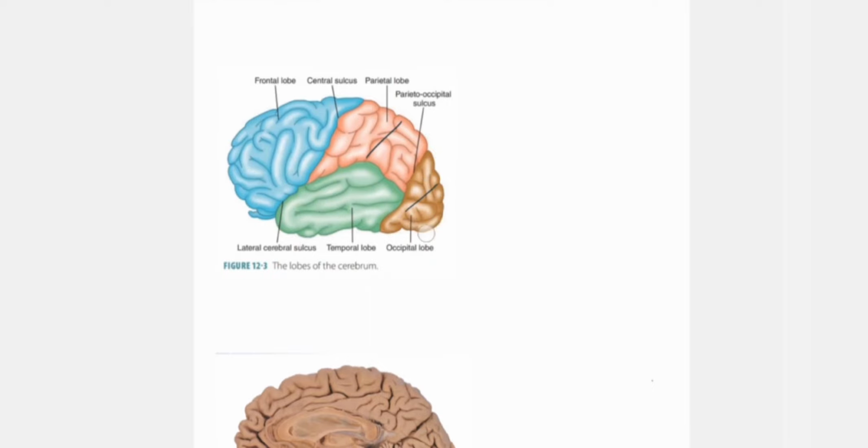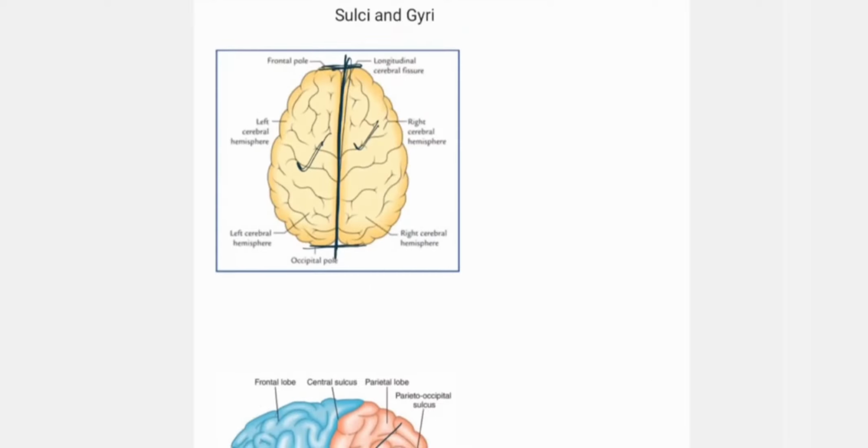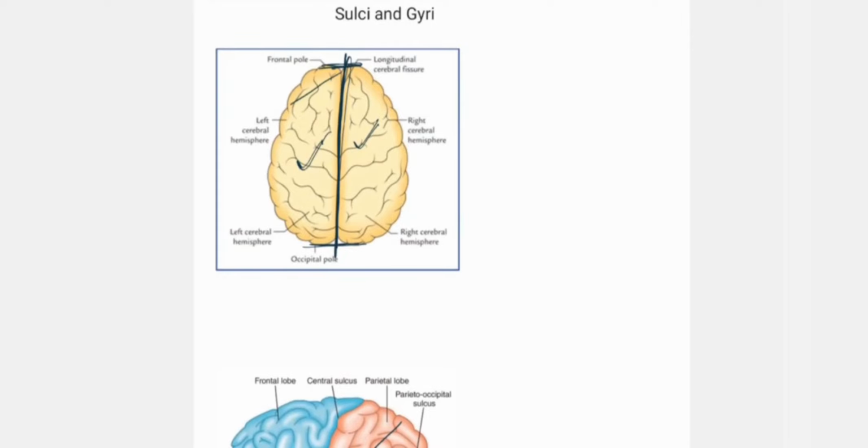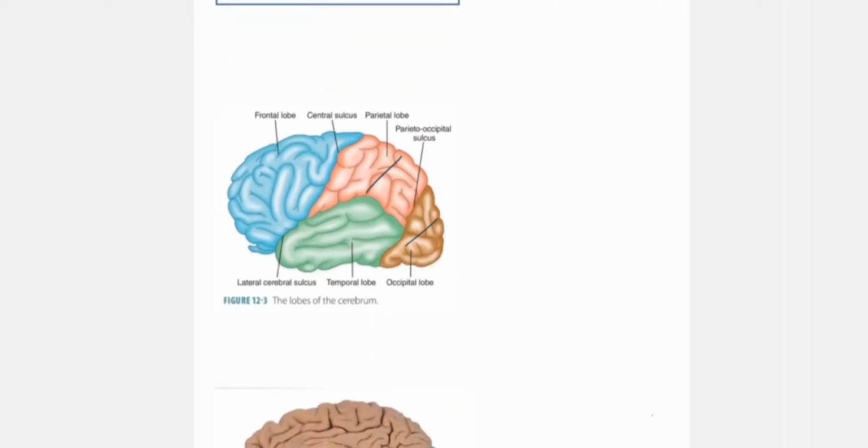This cerebrum has mainly three surfaces. This is a superior view of the cerebrum, and this region is the supralateral surface of the cerebral hemisphere.